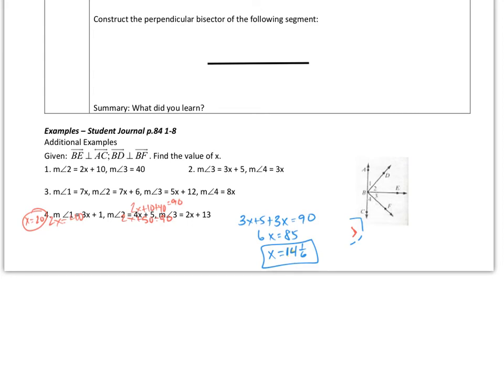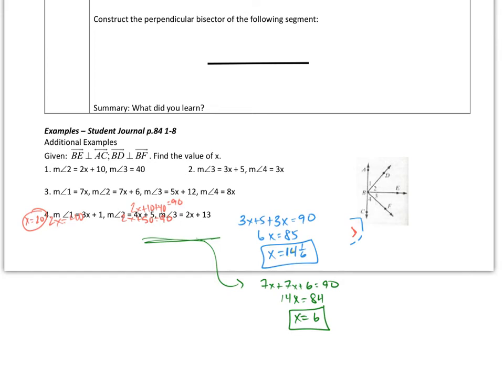So let me just do this one on the side over here, and I'll just say that 7x plus 7x plus 6 equals 90. So 14x will be 84, which yields x is going to be 6. And you can confirm it by doing these two and setting these two equal to 90, adding them all, making them equal to 180. So there's more than one way to do that problem.